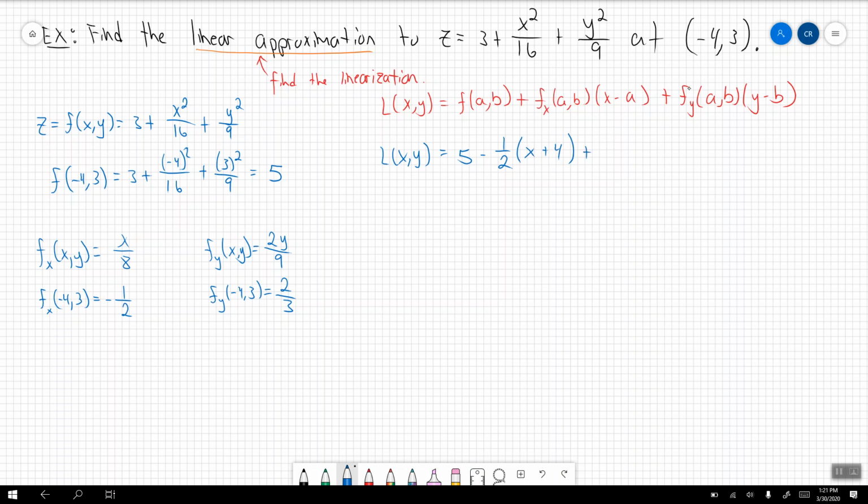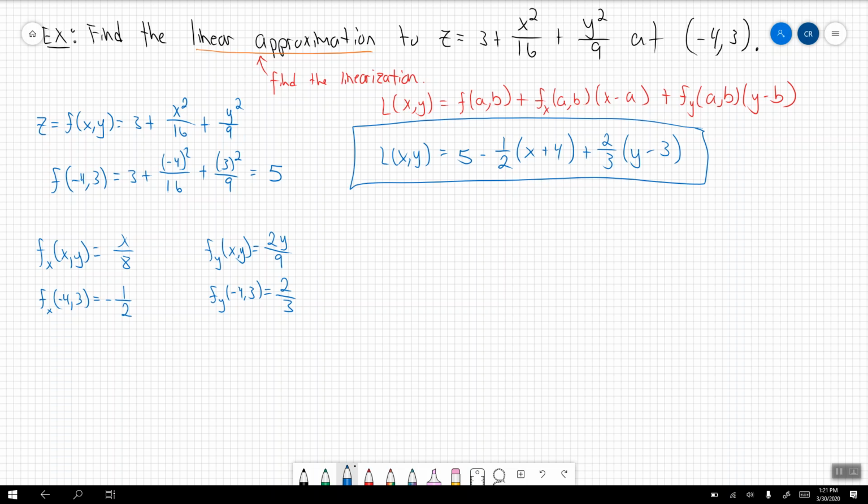Plus the partial of f with respect to y evaluated at (a, b), which is 2/3, multiplied by y minus b, which is 3. And here is our linearization. In other words, here is our linear approximation.